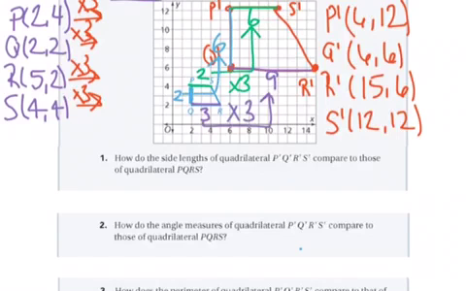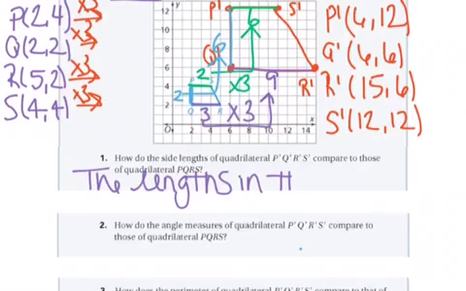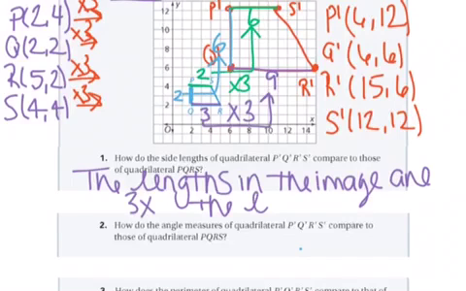So we're going to state that the lengths in the image, so where we end up, are 3 times the lengths in the original.